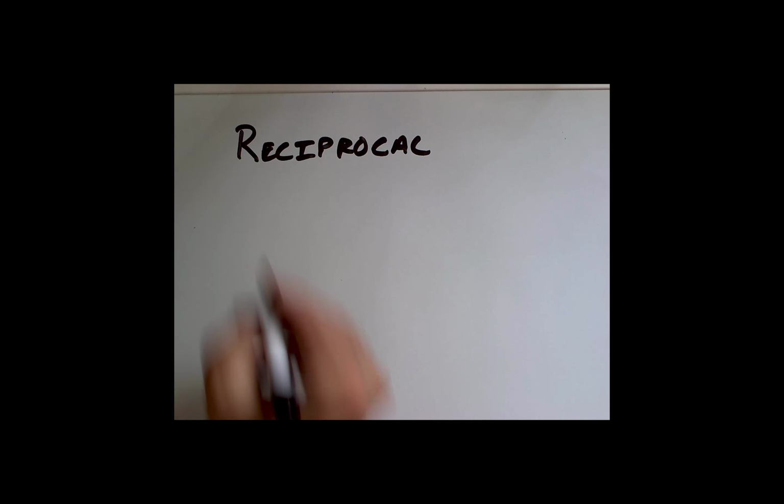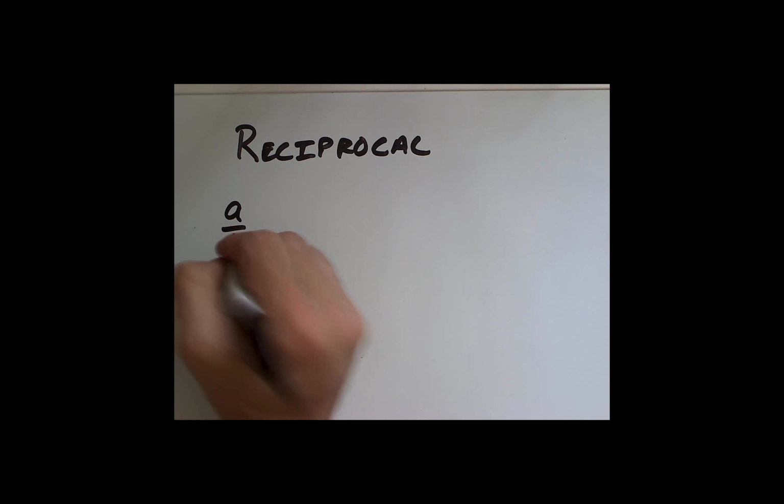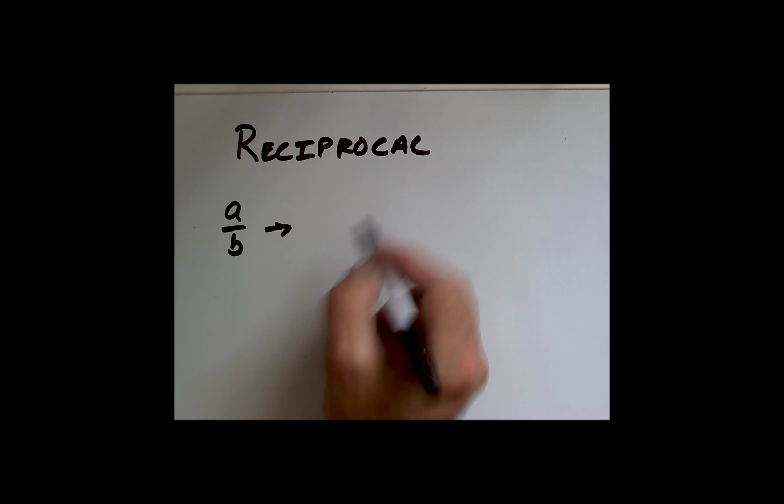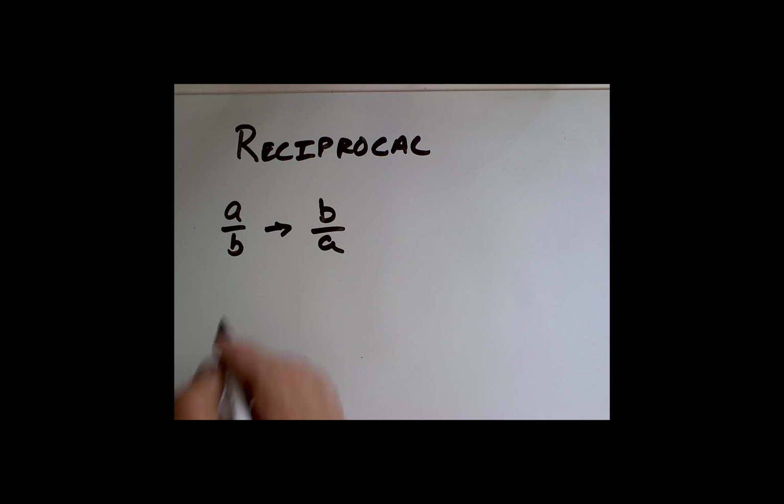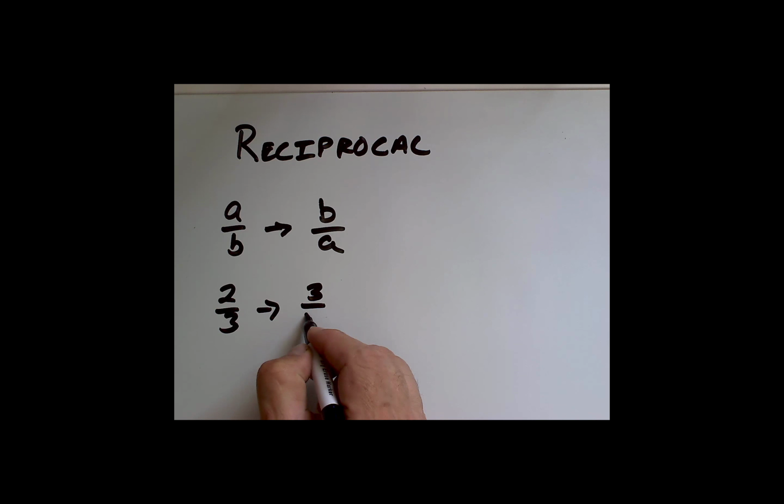And last is the reciprocal. The reciprocal is nothing more than how we find the multiplicative inverse. If we had a fraction a/b, the reciprocal to this would be b/a. Or if we had 2/3, the reciprocal to 2/3 is 3/2.